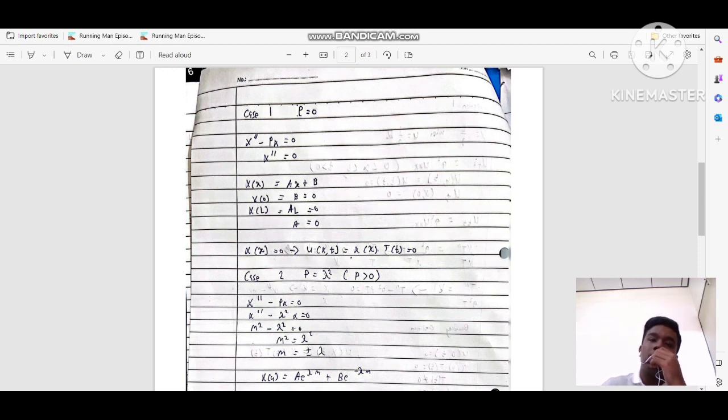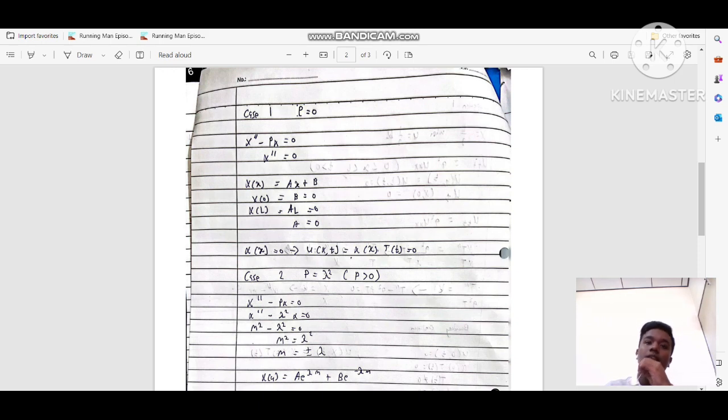So this is the equation for real and repeated, ax plus b. So when x is equal to 0, b is also equal to 0. So X(L) equals aL equals 0. So a is equal to 0 after we rearrange the equation. So X(x) equals 0. So u(x,t) equals X(x)T(t) equals 0.